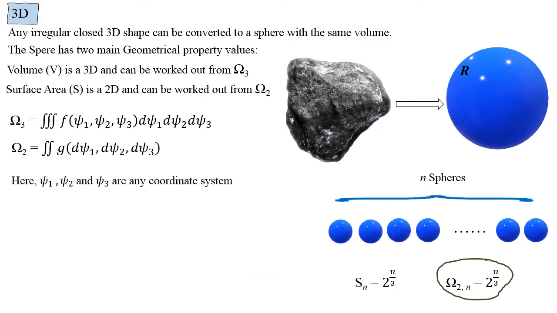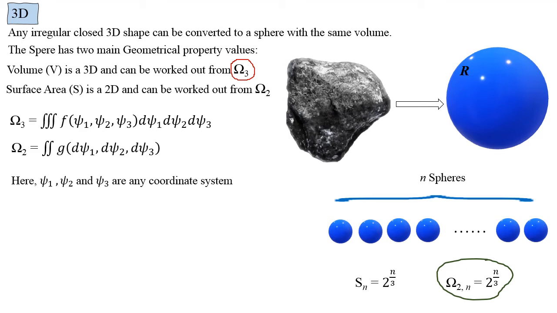Then we extended it to 3 dimensions, which is fairly easy. Any 3-dimensional shape can easily be converted into a sphere of radius r with the same volume. Don't forget, omega 3 is always kept the same in both, but omega 2 does not have to be the same.